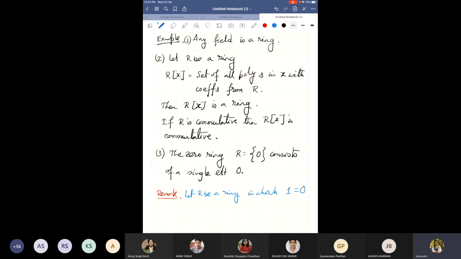What can we say about the ring? It should be the zero ring. Then R is the zero ring.